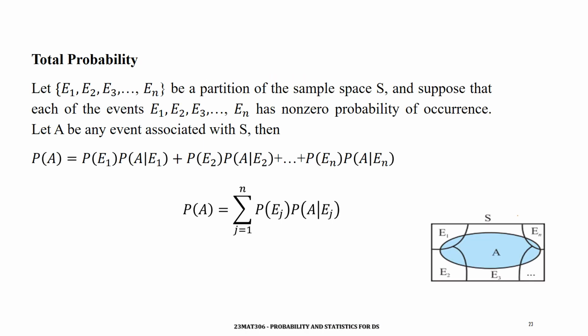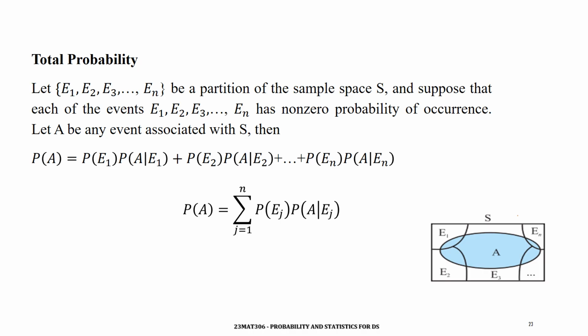Next, we move to the law of total probability. If a sample space is divided into several mutually exclusive and exhaustive events, then the probability of any event can be expressed as the sum of the conditional probabilities over these events. That is nothing but the total probability, where E1, E2 and so on up to En have non-zero probability of occurrence in a sample space, and A is any event associated with that sample space.